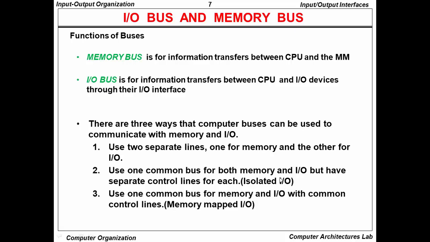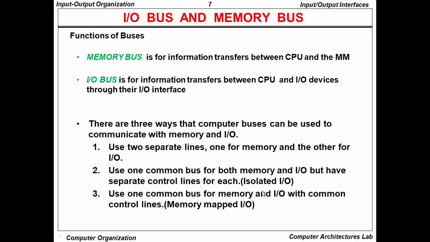That means the IO devices are isolated through control lines. There is a separate dedicated control line available for the IO transfer, right? On the control line of memory, read and write commands are issued, and on the control line of IO, control signals for IO devices are issued. So there are dedicated control lines for each of IO and memory transfer.